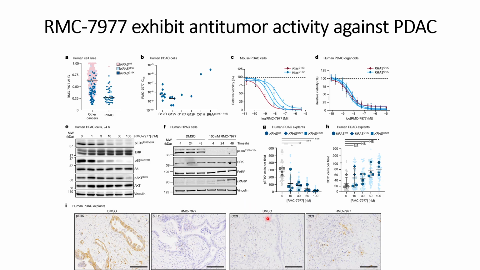And for the CC3 signaling compared to DMSO, we can clearly see the increase in CC3 signals when the tissue slides are treated with RMC-7977. This indicates that RMC-7977 exhibits anti-tumor activity against the PDAC cancer cells from these experimental results.